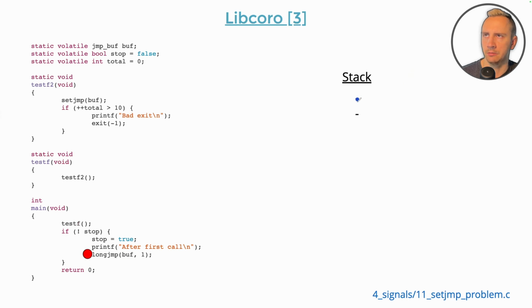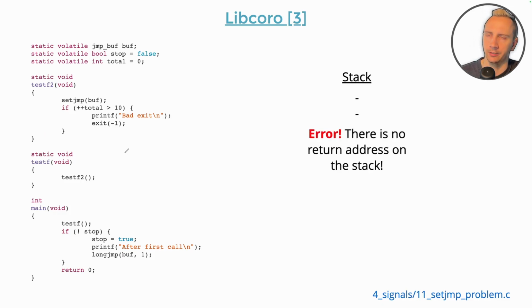Not return addresses, but some sort of invalid values. And then I make a long jump into testf2. I try to return. I try to take the return address, but there is probably something, but it's probably trash. And I try to go to this address. It's probably not even an instruction address. And then I simply crash. This is what is happening here.